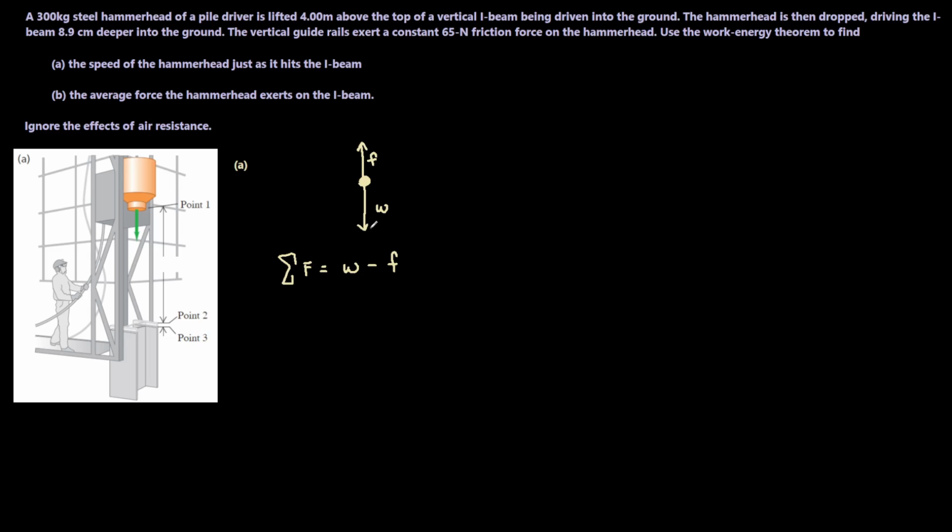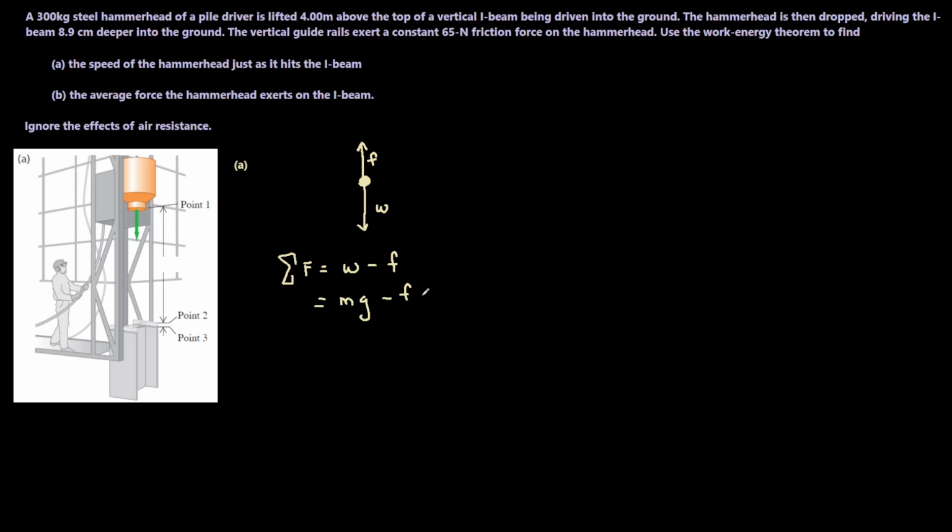So since the friction is in the opposite direction of this quote-unquote natural movement, the net force is equal to the weight minus the friction. We know that the weight is equal to mass times gravity, so let's substitute that in. So we have the net force is equal to the mass times gravity minus friction.